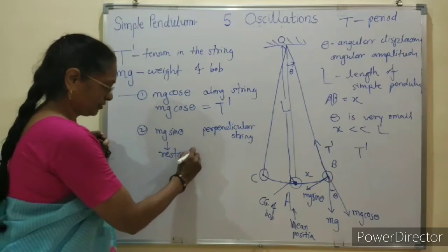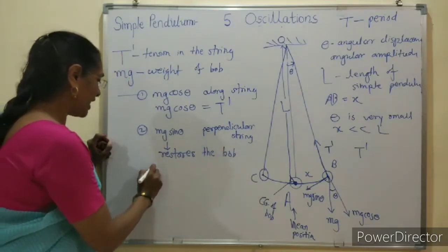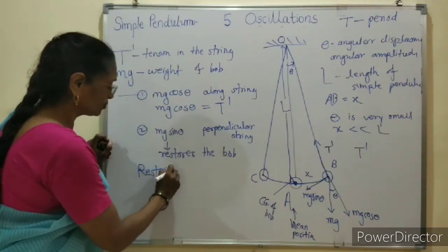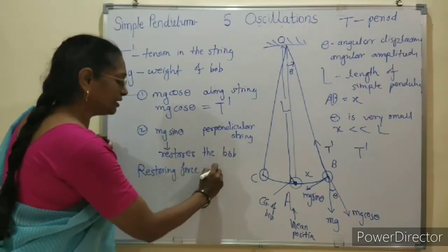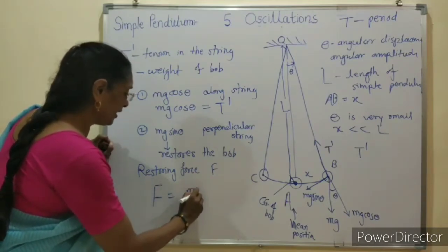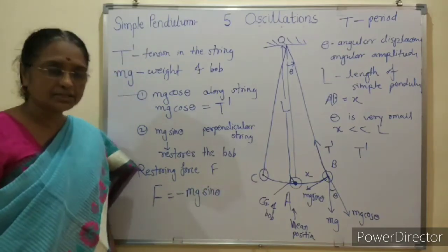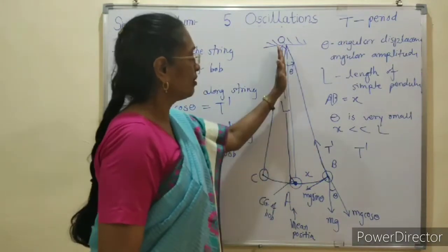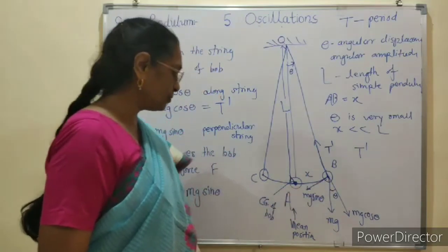the bob to its mean position. Therefore it acts as restoring force. Restoring force we denote here by F dash or simply F. So F can be equal to mg sin theta in magnitude, but here we have to write it as negative, because theta is from OA to OB and restoring force is towards the mean position.